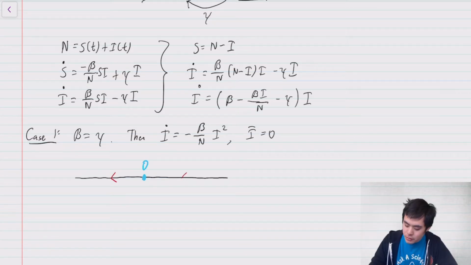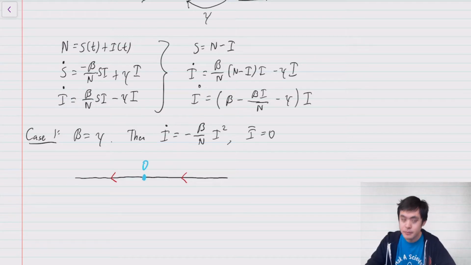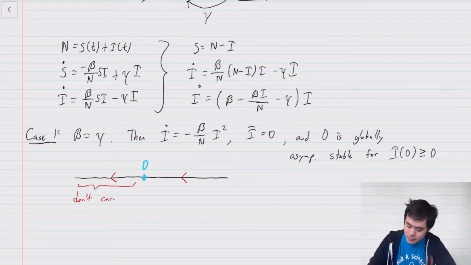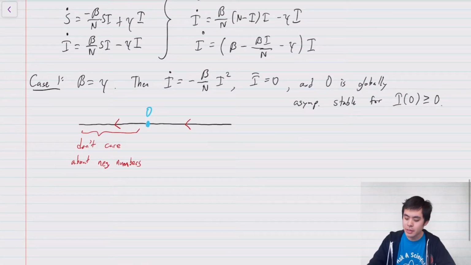So both above and below 0, you go in this direction, and therefore 0 is globally asymptotically stable for I of 0 greater than or equal to 0. Note that, of course, we don't care about this area. Okay, so that was the easiest case.